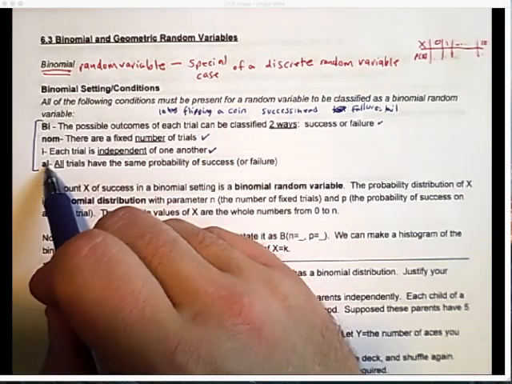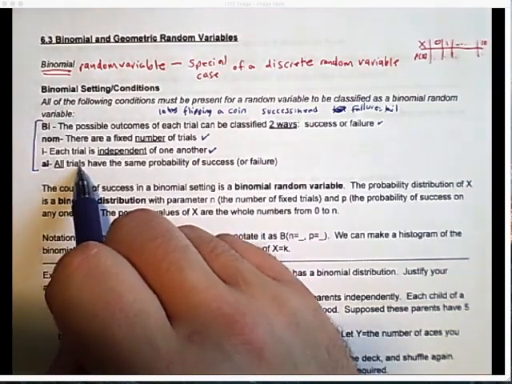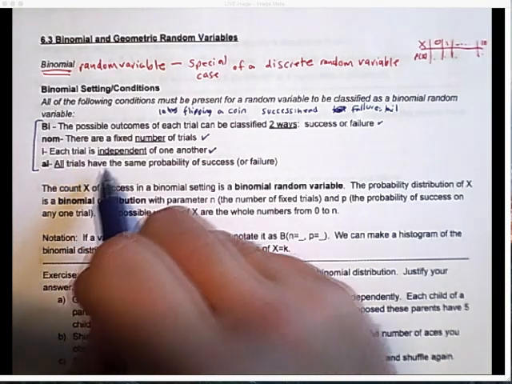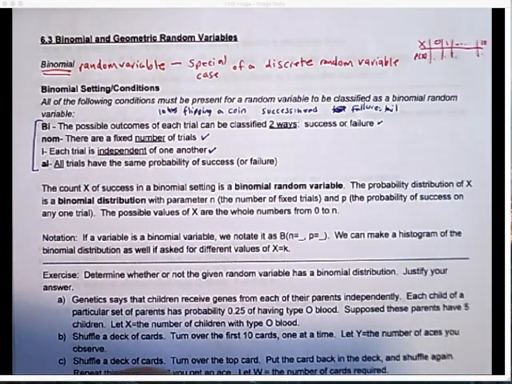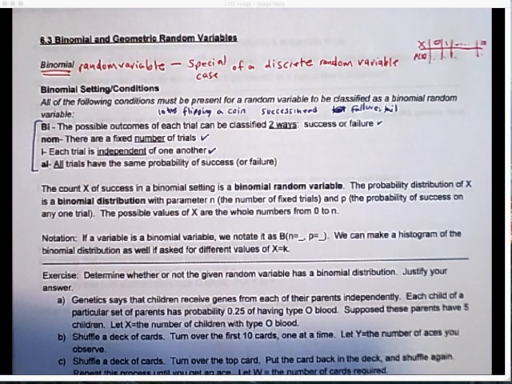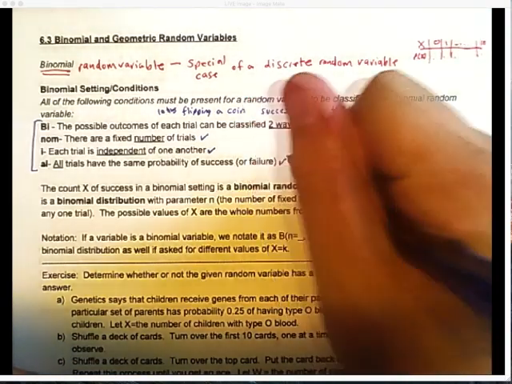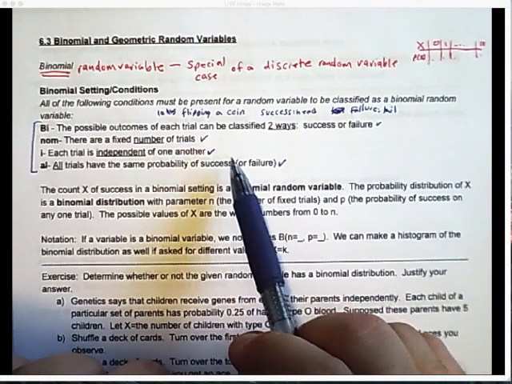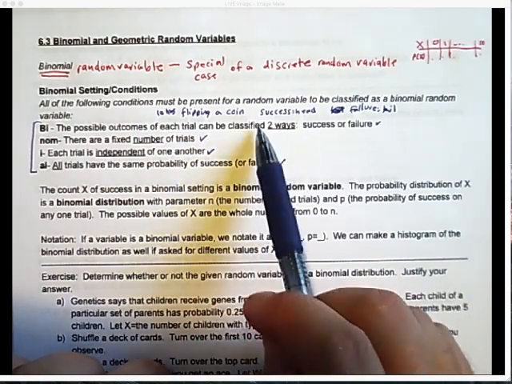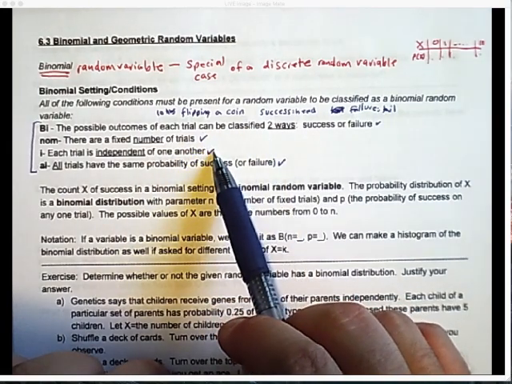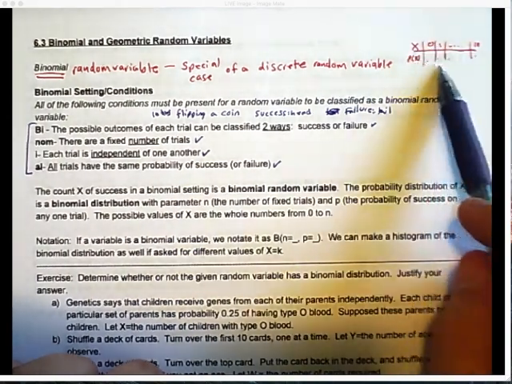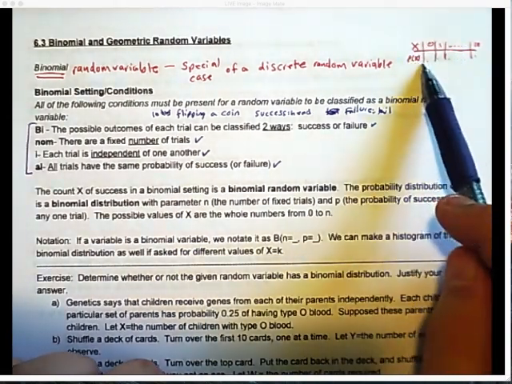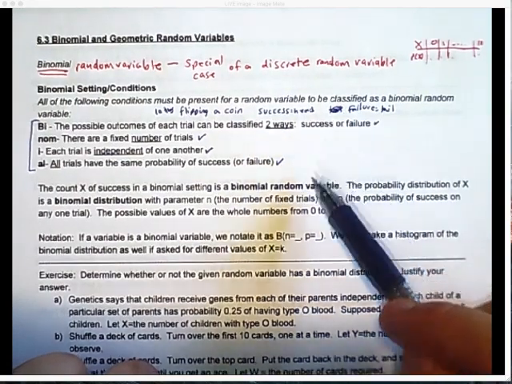And AL looks like all trials: all 10 flips have the same probability of success. When I flip a coin, do my odds of getting heads equal 1/2 every time? Yes, they do. For a variable to be a binomial variable, it has to meet all 4 conditions. If it only meets 3 of them, then it's not a binomial. It can still be a discrete variable, like the APGAR score, but it's not a binomial anymore.